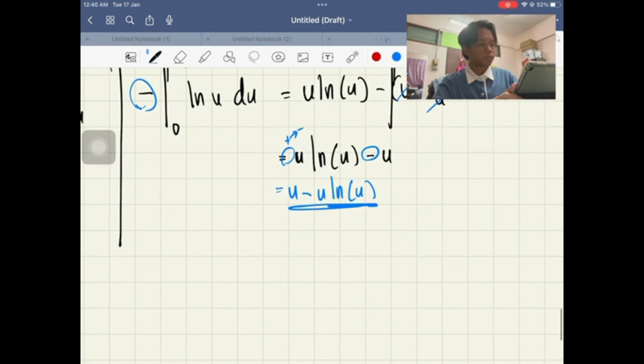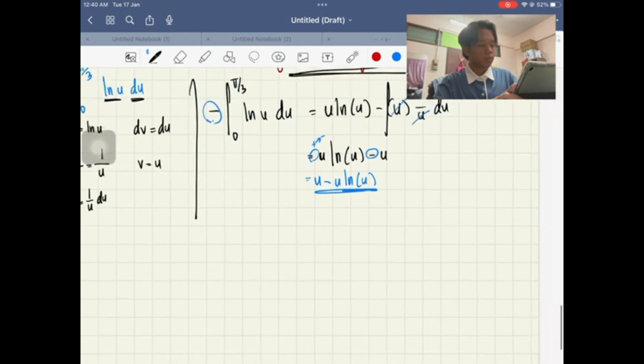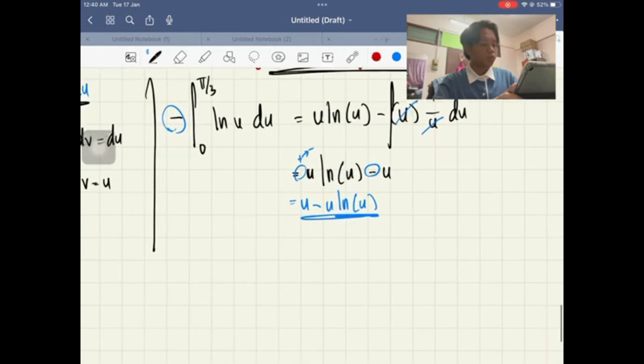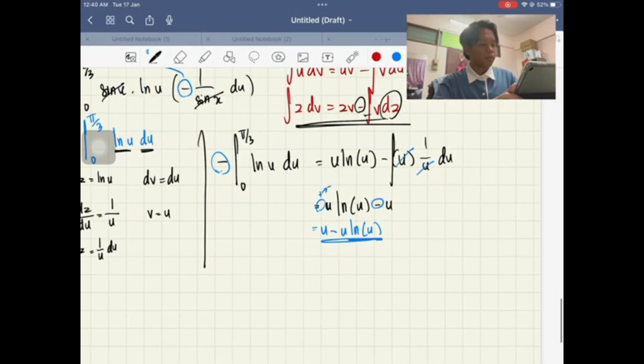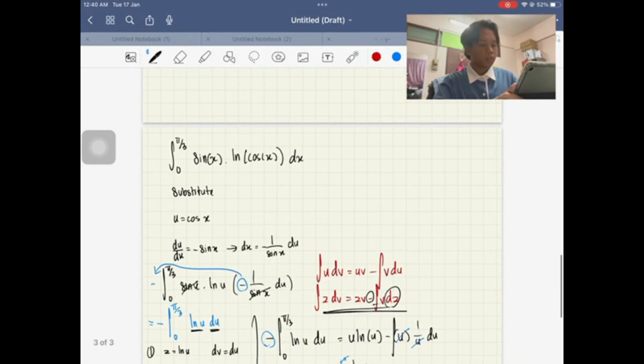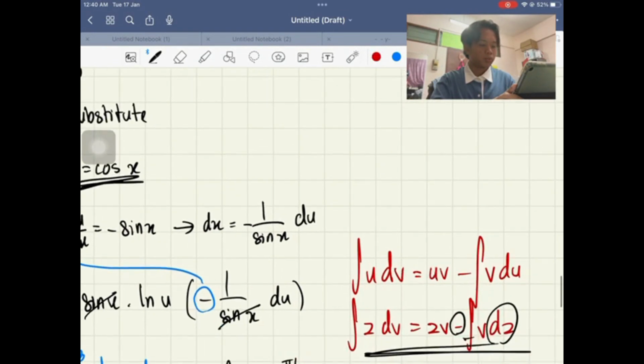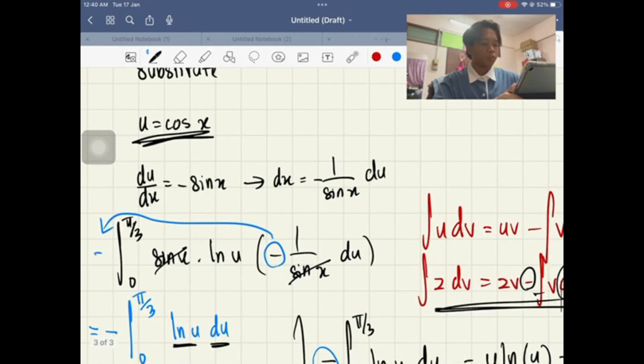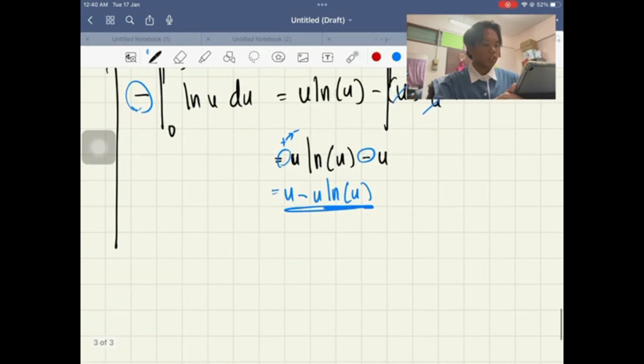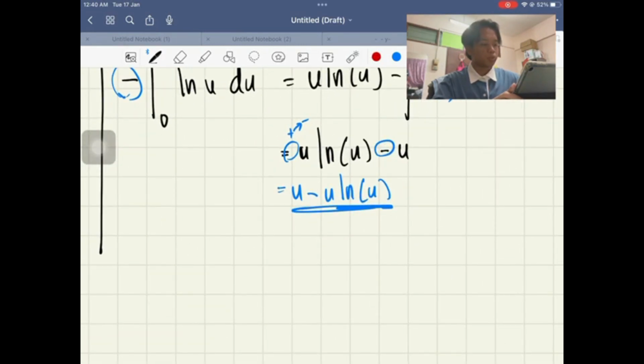Then we continue. From this, we need to put cos x into u.